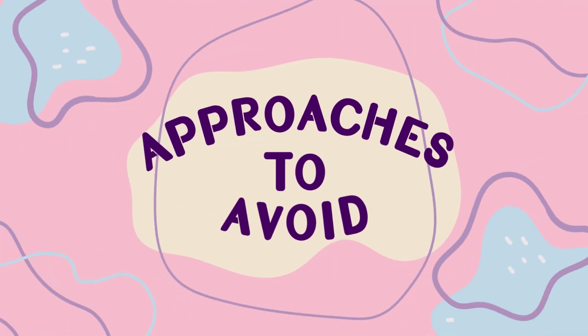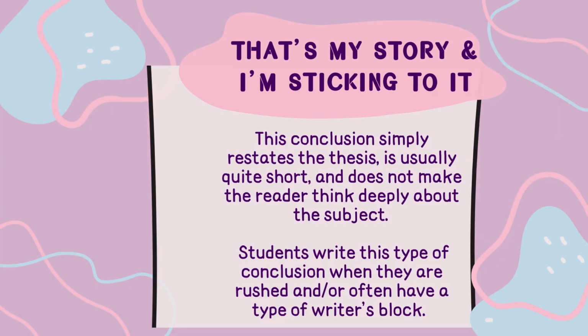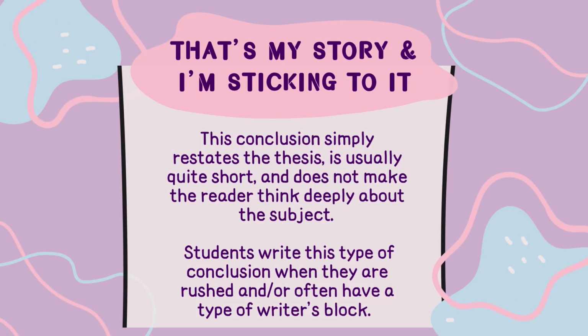Now let's discuss some approaches to conclusions that you really want to try to avoid. The first one is what I call, that's my story and I'm sticking to it. This is where the writer simply restates the thesis, writes a really short conclusion, and doesn't make the reader think deeply about the subject. They're like, this is what I wrote, this is what I said, and that's what you need to know.